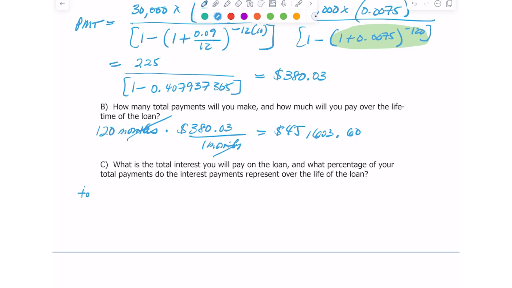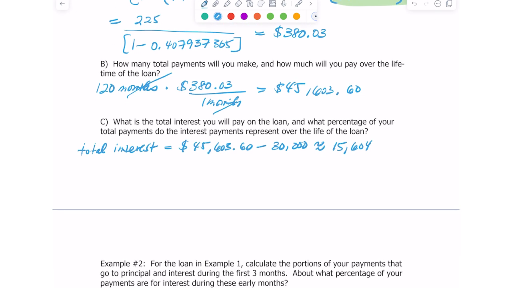To figure out total interest, which we looked at in the simple interest and compound interest sections, we're just going to take the total amount of what you're going to be paying, and subtract the amount of the loan, and it comes out to about $15,604, approximately. So we'll use the approximate symbol. That's approximately how much interest we'll be paying back.